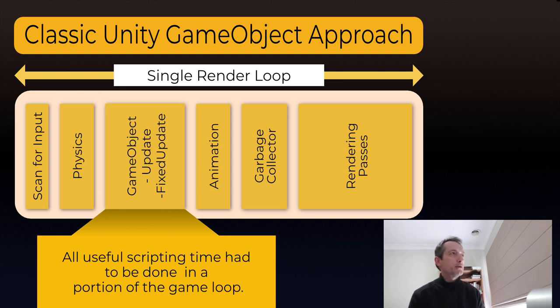Then you get animation, some aspects of the garbage collector, rendering kicks in there, or at least it's triggered there. And so that's where these are the things we're competing with, right? These are all the events that need to happen within a frame render time that we're competing with.